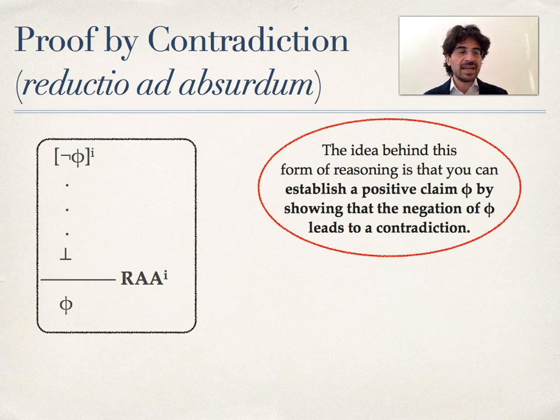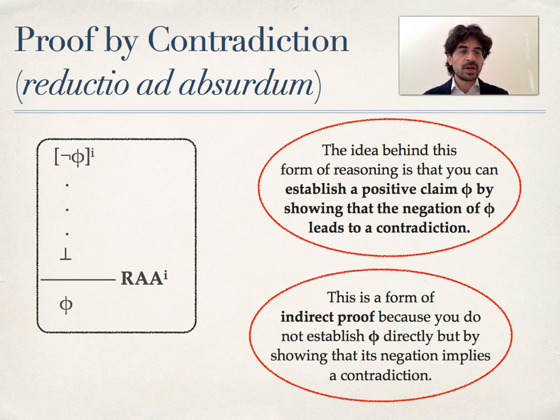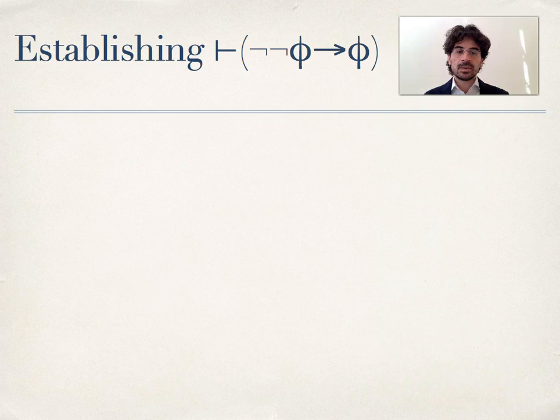That's the basic idea underlying proof by contradiction, also called an indirect proof, because you are not establishing phi directly, but you are indirectly assuming the negation of phi, showing that this leads to a contradiction, and concluding therefore that phi must be true.